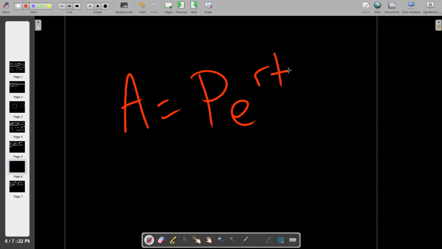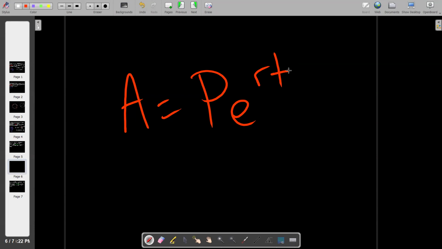I feel like I say that the right way, but I still get questions about when to use it. So I'm going to say that again. If you're doing one of these compound interest problems and you see the word continuously, please immediately go to this formula. The one that has the 1 plus r over n can't work for this because n doesn't really exist in this scenario. So everybody got the PERT formula written down?